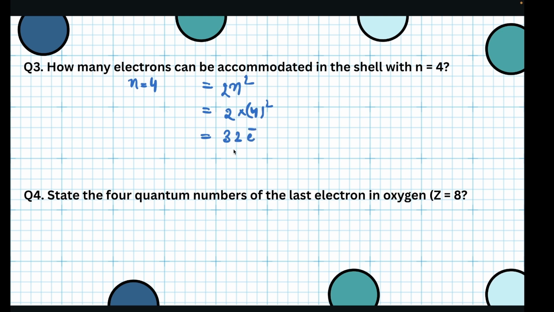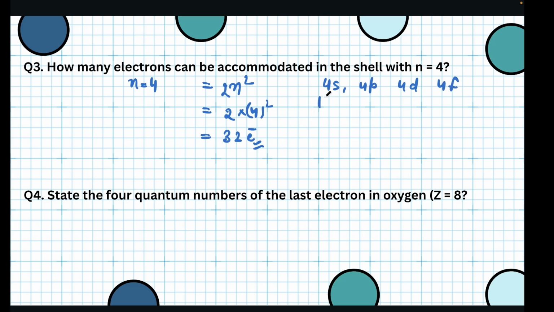We can also calculate the total number of electrons by using logic. For n is equal to 4, that means we are talking about the fourth shell.